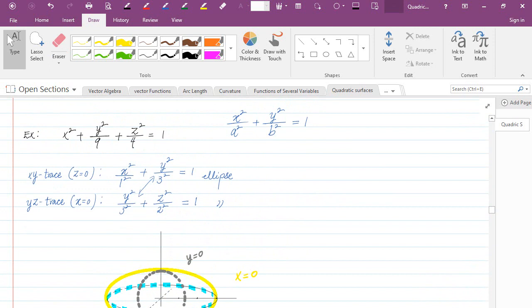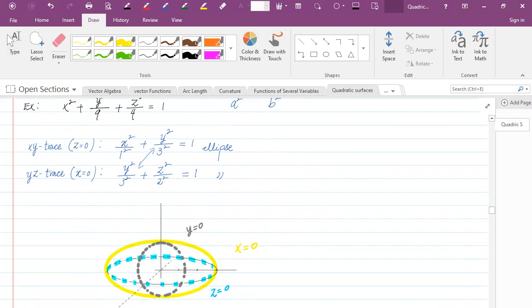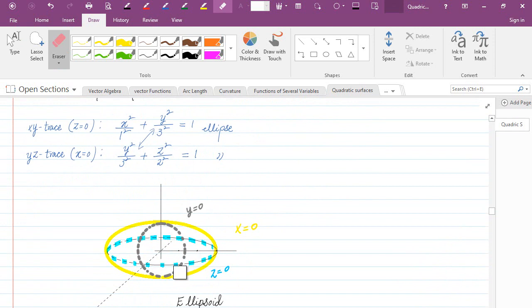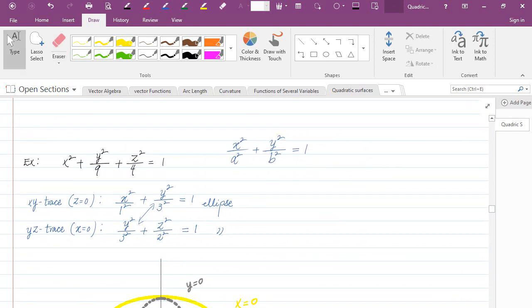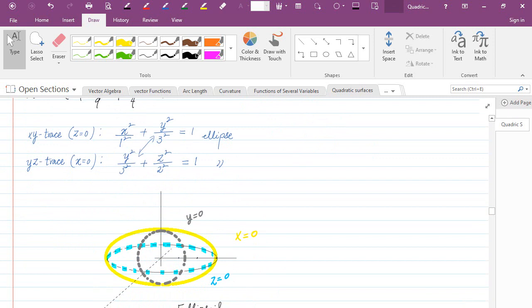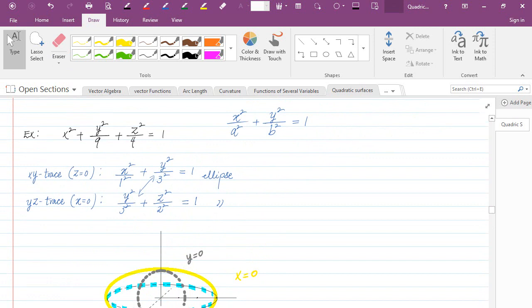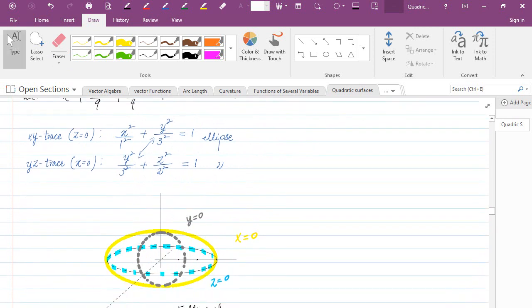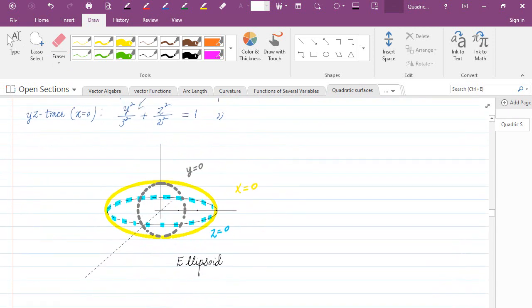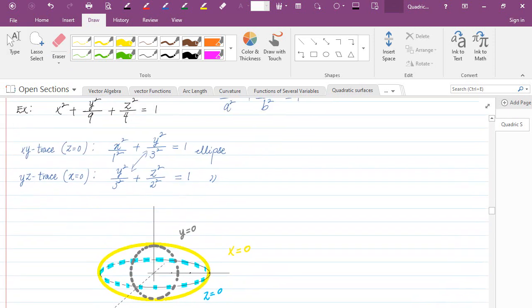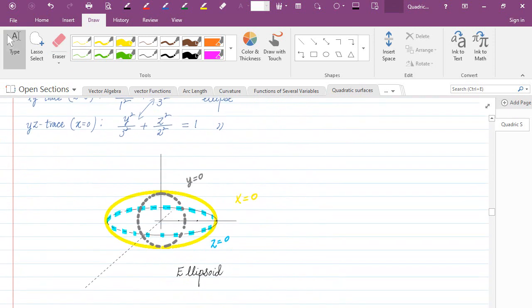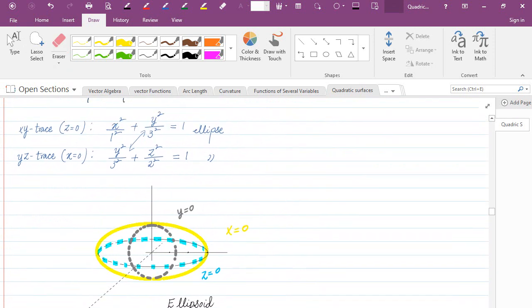Of course, if I look at the xz trace, that's going to be the gray ellipse, and if I wanted to, I could also have drawn this. I hope that's clear why the graph of this is an object like this. It's kind of like the surface of an egg.